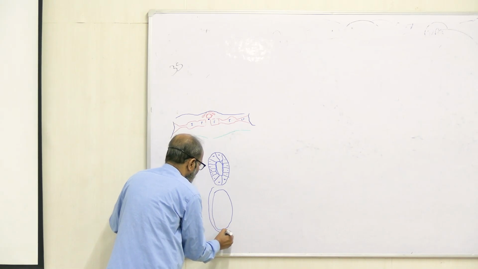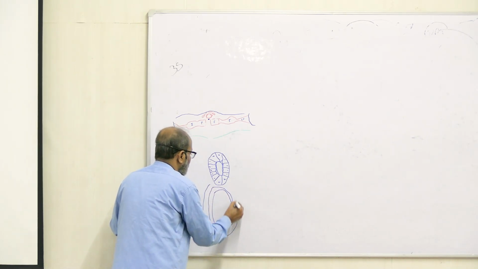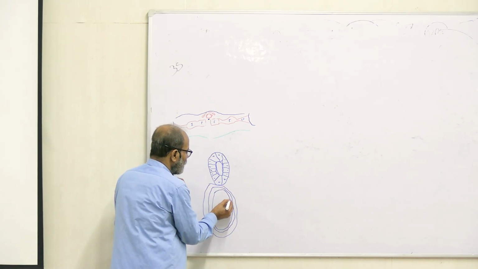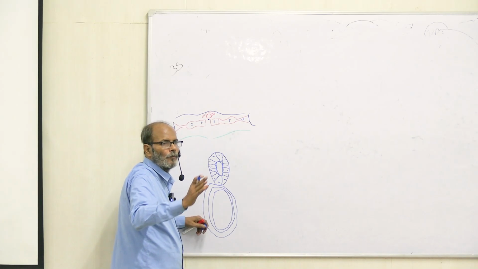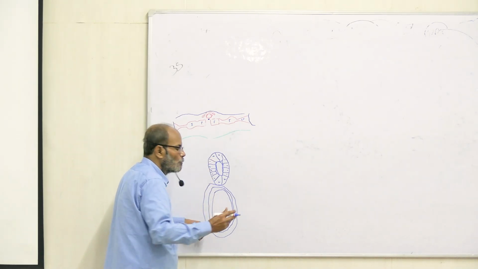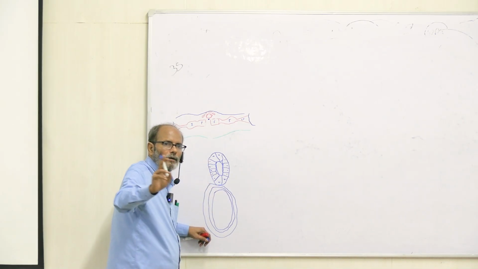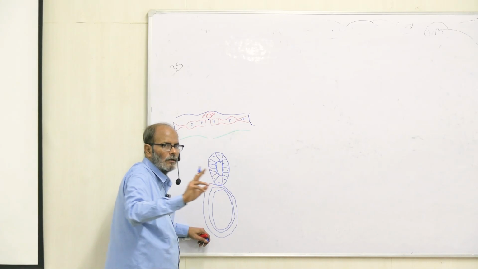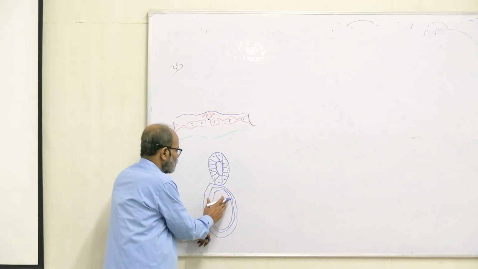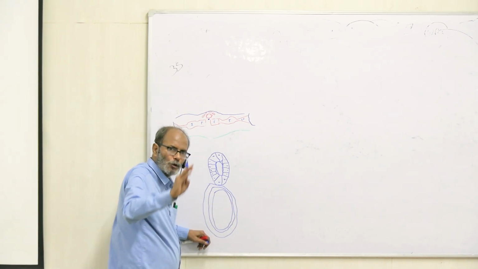This is the mantle layer and this is the marginal layer. These ependymal cells give rise to neuroblasts and spongioblasts.